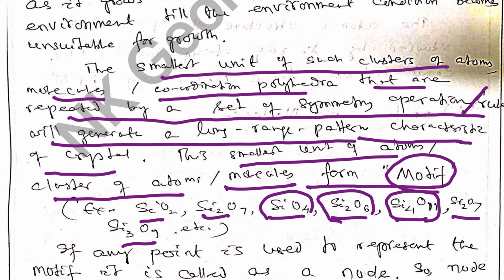As you see, most of the rocks and minerals of the earth crust are made up of silicates. So silicon is an important component.